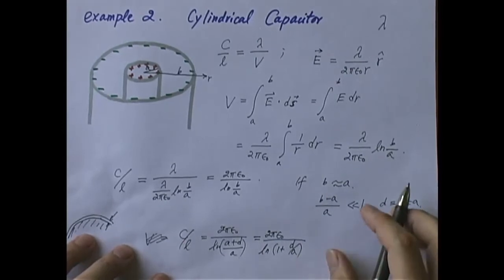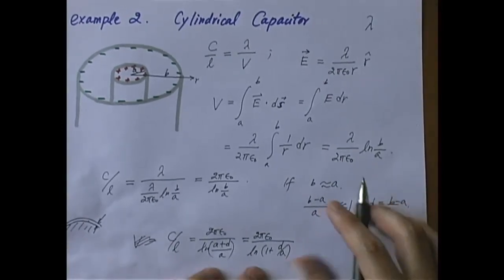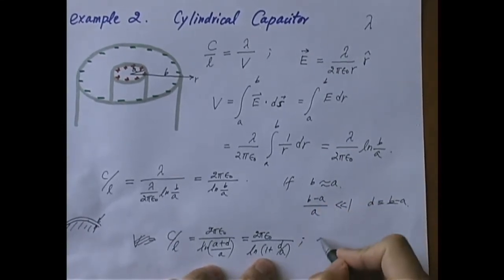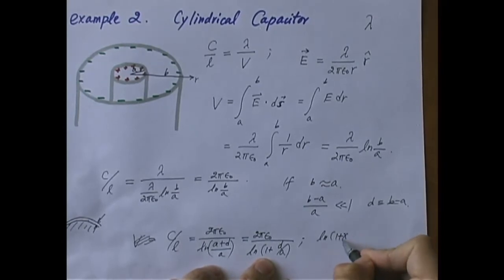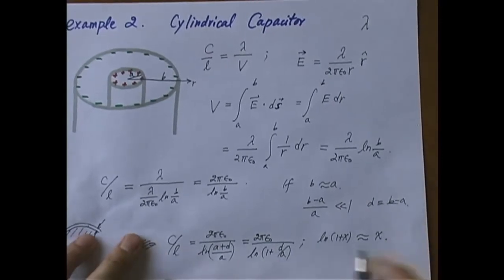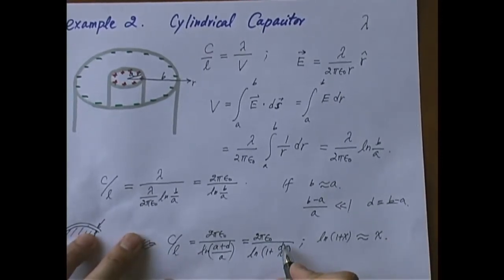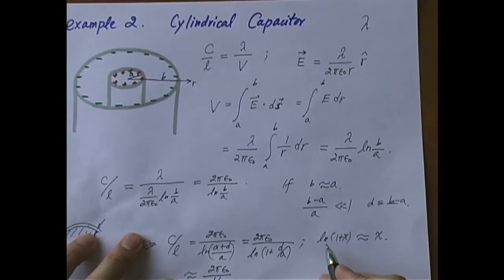Is there a way we can simplify this natural log function? Well, if you recall from your math class, natural log of 1 plus x, when x is very close to 0, far less than 1, is roughly equal to x. Check your math book. And therefore, if I take x equals D over A here, this will be roughly 2 pi epsilon naught divided by D over A. Instead of log of 1 plus x, let's just use x.